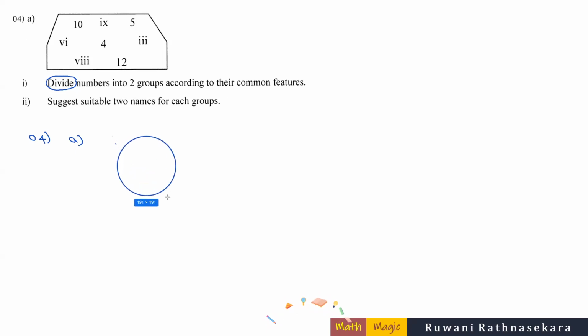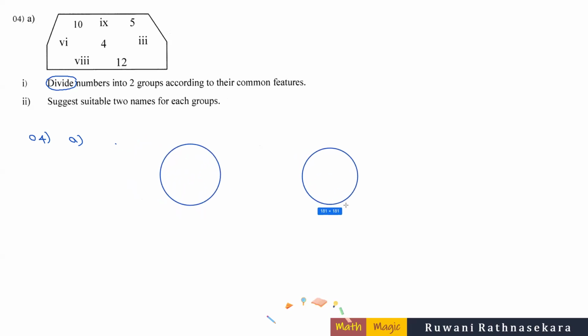I'm going to draw 2 circles. And you have to keep space to name the 2 sets also. Right? You know the way to separate such numbers. These are Hindu-Arabic numbers. And these are Roman numbers.